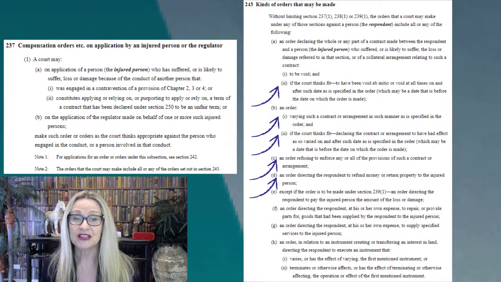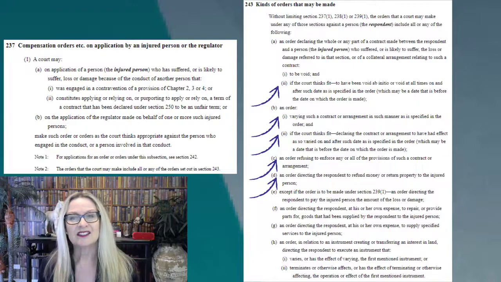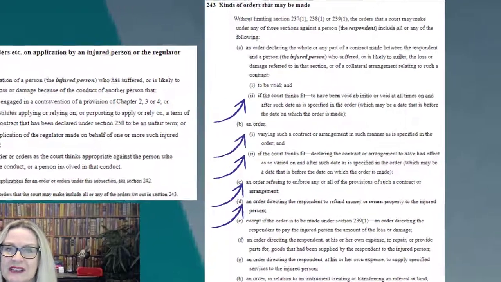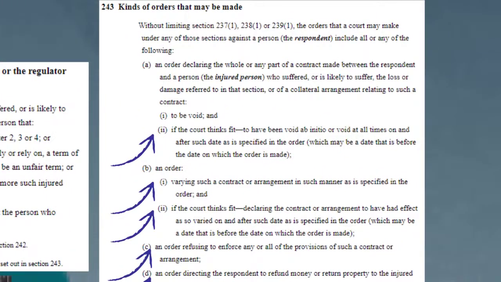Then note 2 says, for orders that the court might make, go ahead and have a look at 243. So then we go ahead and have a look at 243, and it's an inclusive provision, we see immediately: without limiting section 237, blah, blah, blah. The kinds of orders include all or any of the following, all or any. So it's like this Christmas present bag of stuff that you might select from.